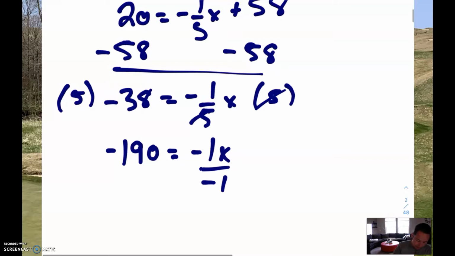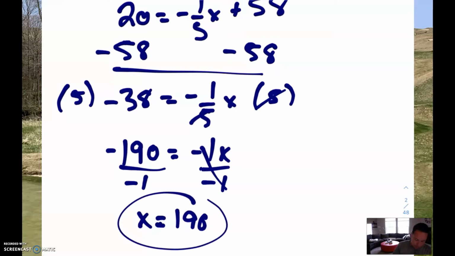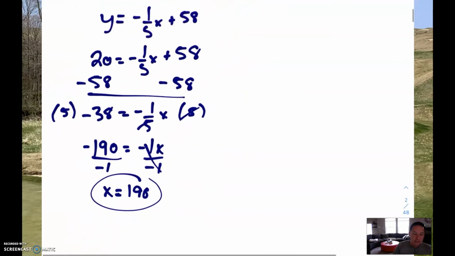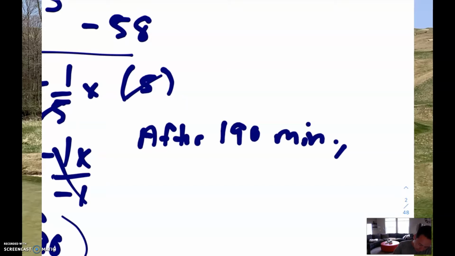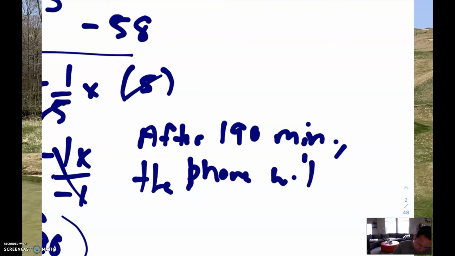Divide by your negative 1, and we get x equals 190. And what we've just found out was, after 190 minutes, that phone has 20% left. After 190 minutes, the phone will have 20% remaining.